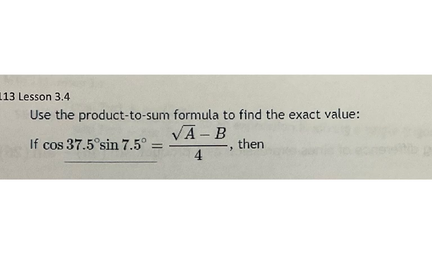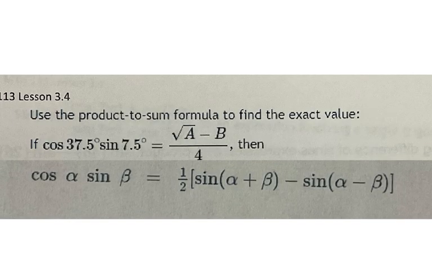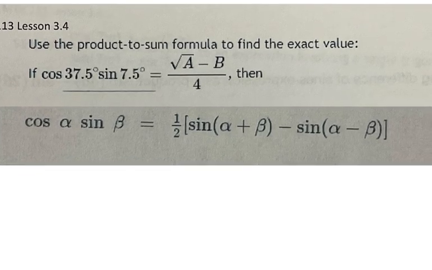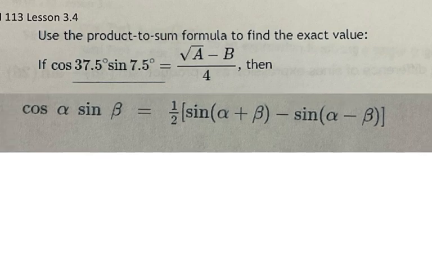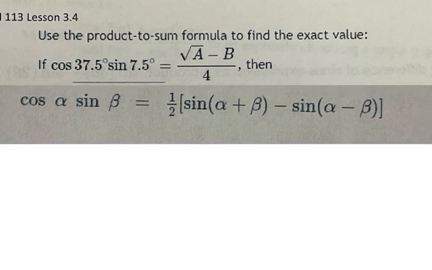The last formula, cosine times sine. This is the formula I'm going to use for this situation. Which means I can treat 37.5 as my alpha, 7.5 is my beta, and I'm just going to plug directly into the formula.